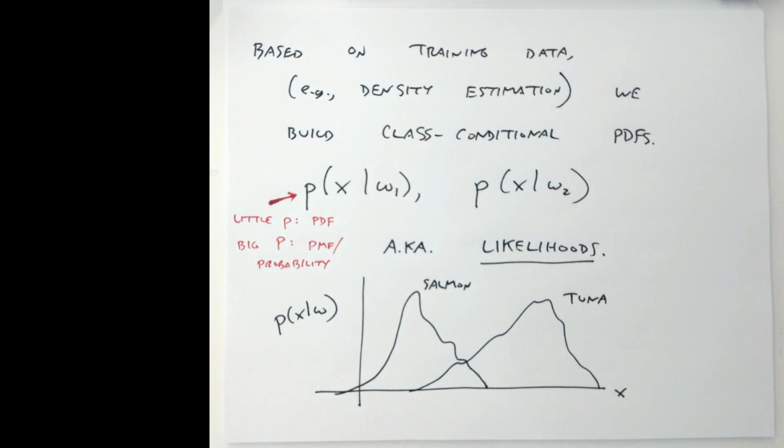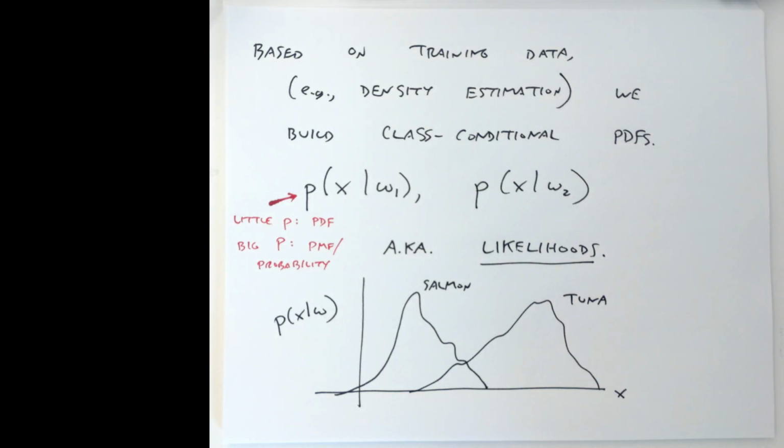So I can see that when this x number is low, salmon is much more likely than tuna. When x is high, tuna is more likely than salmon. And for a bunch of x values in the middle, each of the probability densities could have done a reasonable job of generating that sample. So I'm going to make some mistakes in this region, but I'm less likely to make mistakes at either side, okay?